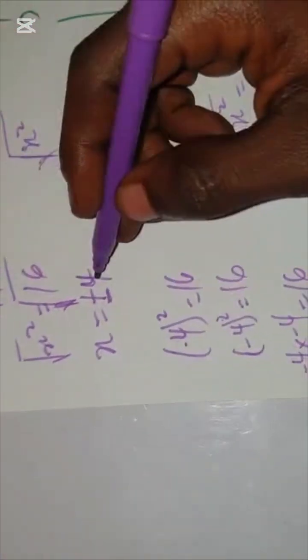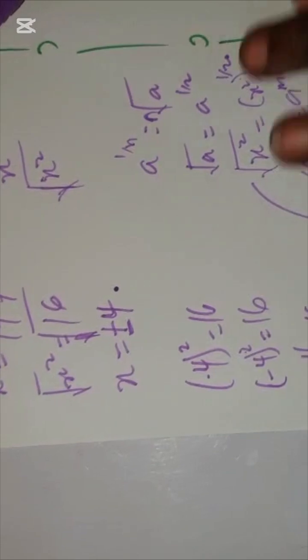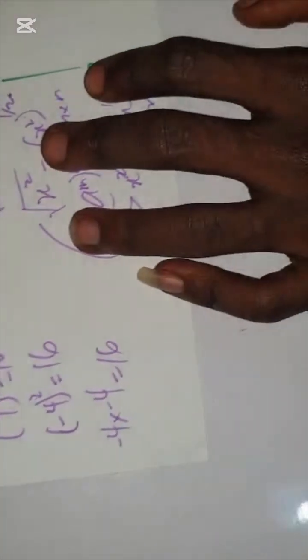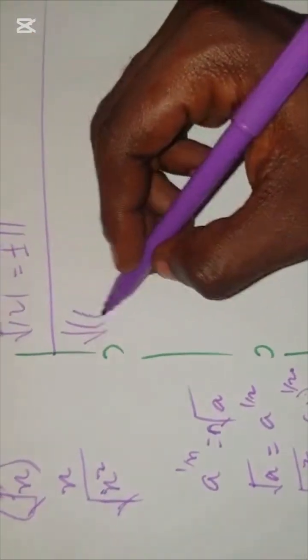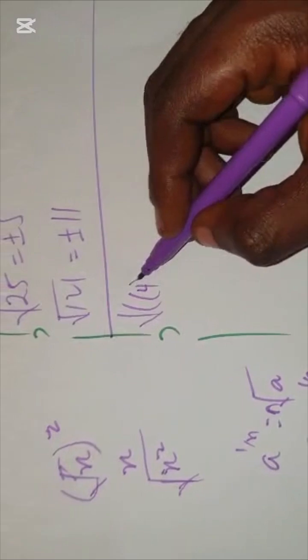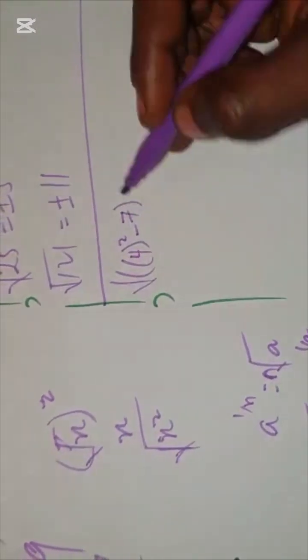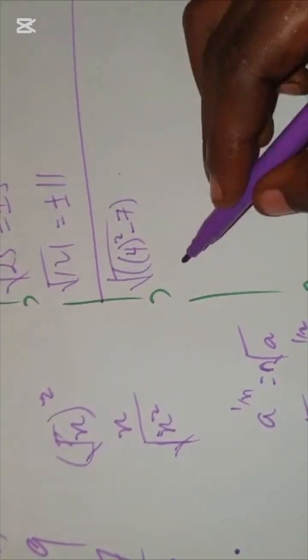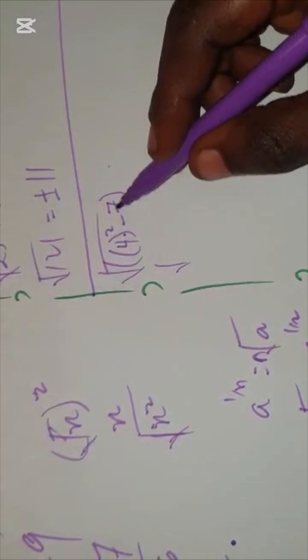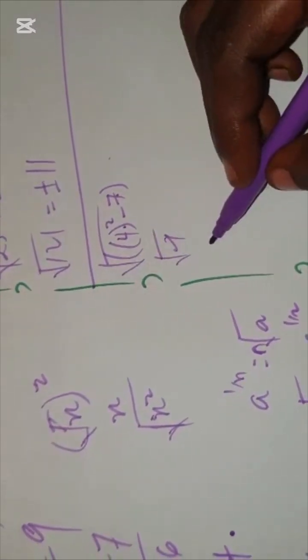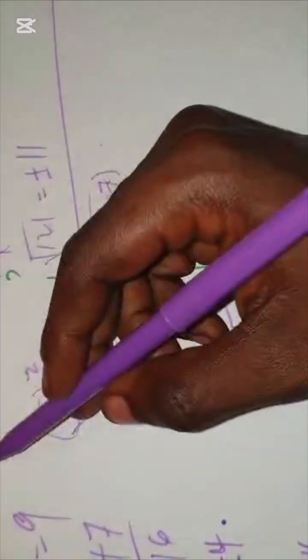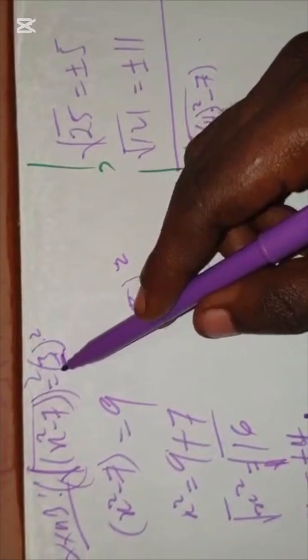So now that we've gotten our roots, let's see if they both satisfy the equation. So we have root of x squared minus 7. Let's pick 4 squared minus 7. So this gives 16 minus 7, which gives 9, and root of 9 is 3. So yes, positive 4 fits the equation.